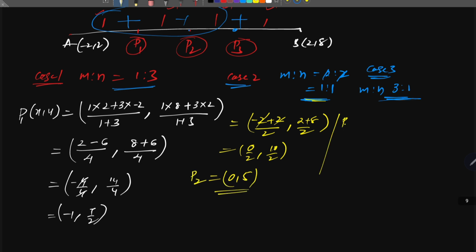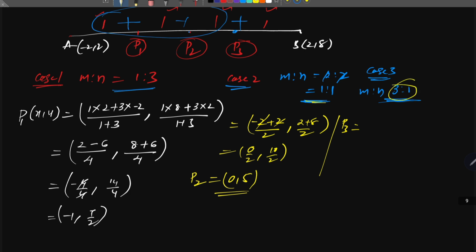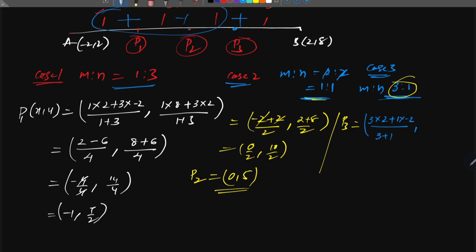Similarly, location P3 we need to find by using a ratio 3 is to 1. So by applying the 3 is to 1 ratio, I'll get m value is 3, 3 into x2 is 2 plus n value is 1, 1 into minus 2, divided by 3 plus 1, comma. Next consider y: m value is 3, 3 into 8 plus n value is 1, 1 into y1 is 2, divided by 3 plus 1.